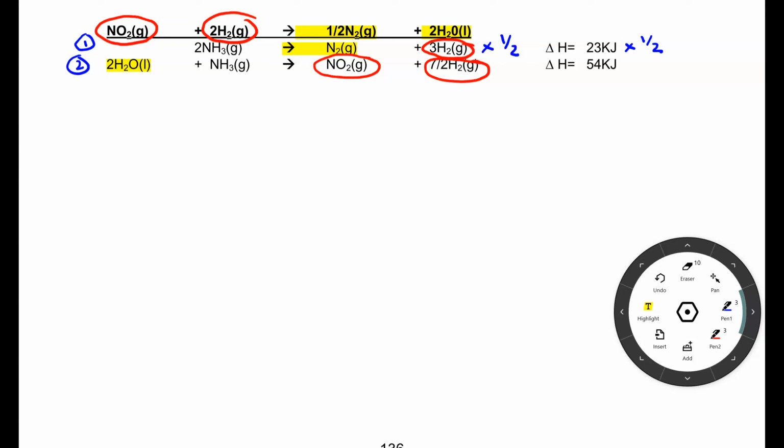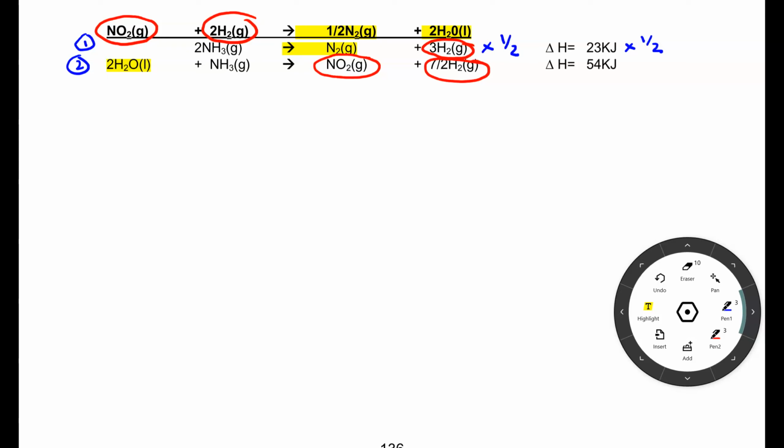The answer is you could choose the water or you could choose the nitrogen dioxide, but you don't want to choose hydrogen. The reason you don't want to choose hydrogen is because it appears in more than one spot. It's in equation 1 and it's also in equation 2. So it's not easy for me to see how to modify the equation to get the hydrogen to add up correctly. So I'm going to use either water or nitrogen dioxide.